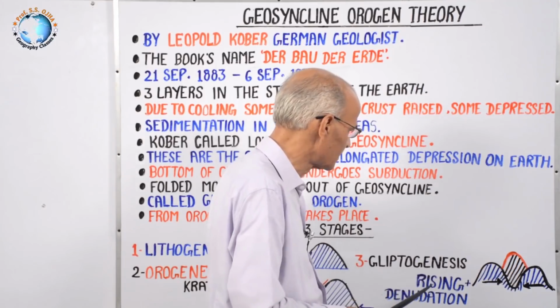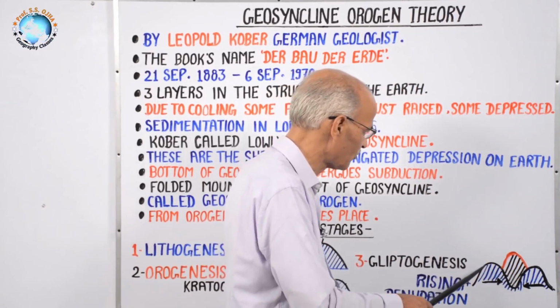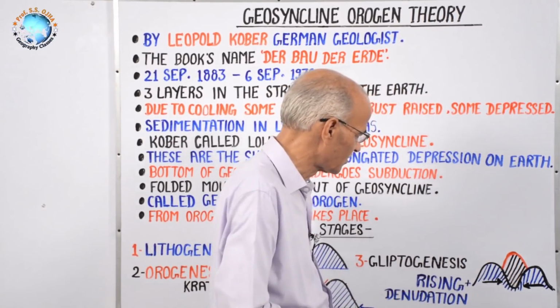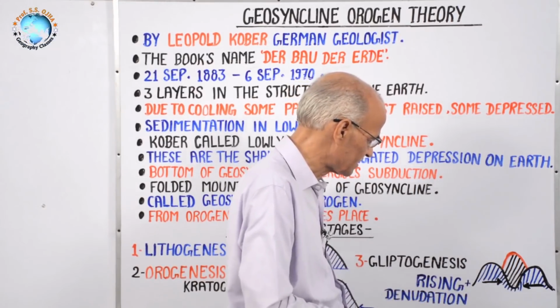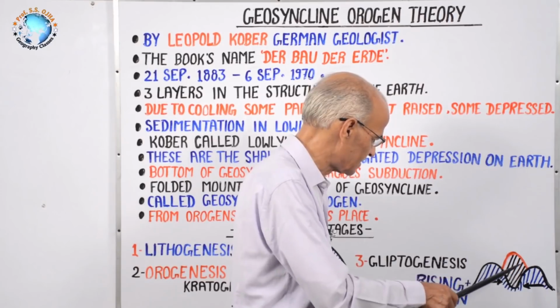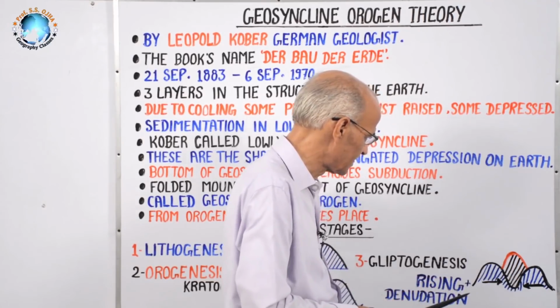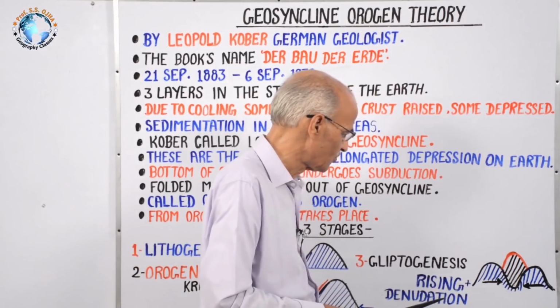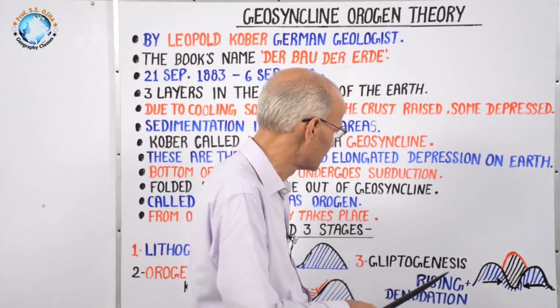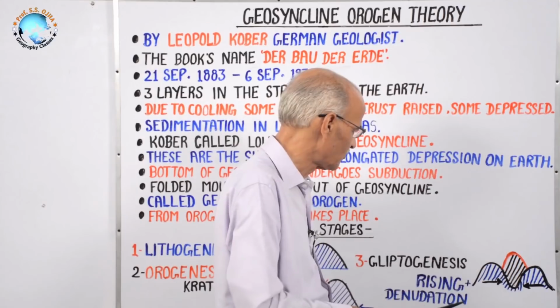glyptogenesis. Glyptogenesis means when both the forelands started coming closer, due to their pressure the deposited sediment was raised up, and this raising up of the sediment was called orogeny, meaning the rising of mountains.